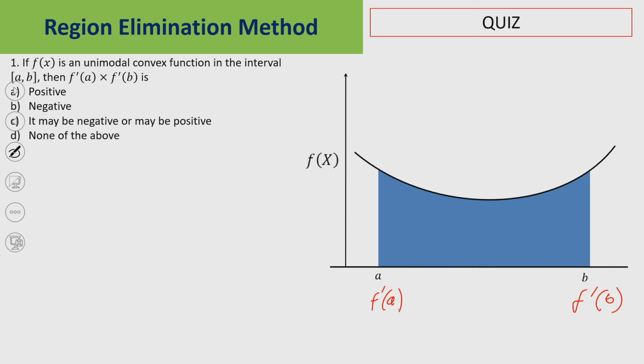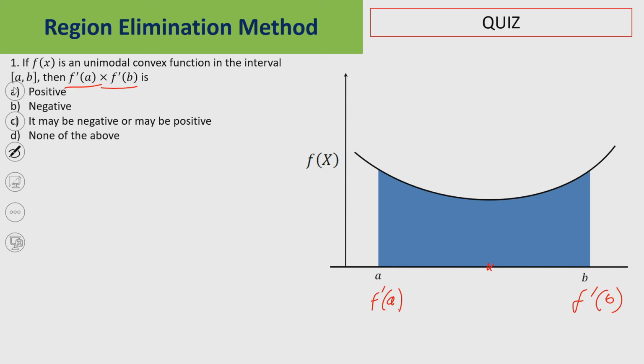Now, if I multiply these two derivatives, the derivative at a and the derivative at b, what will be the sign? Will it be positive, negative, or may be positive or negative, none of the above? If it is a unimodal function, there is an optimum somewhere here.